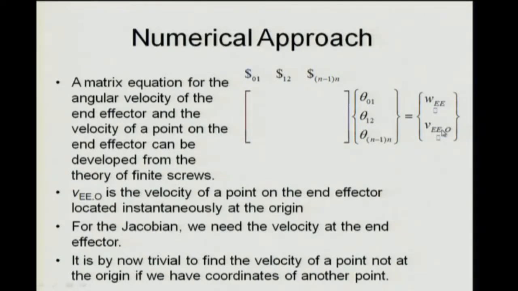Do we get the velocity of the end effector? We get the velocity of the end effector instantaneously coincident with the origin of the coordinate system, not the velocity of the end effector that I am really interested in.